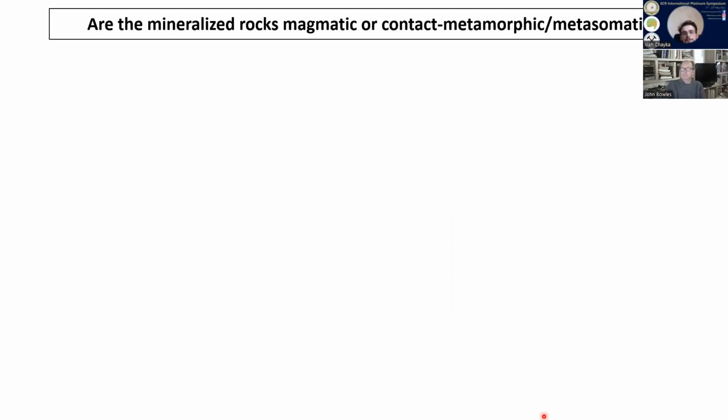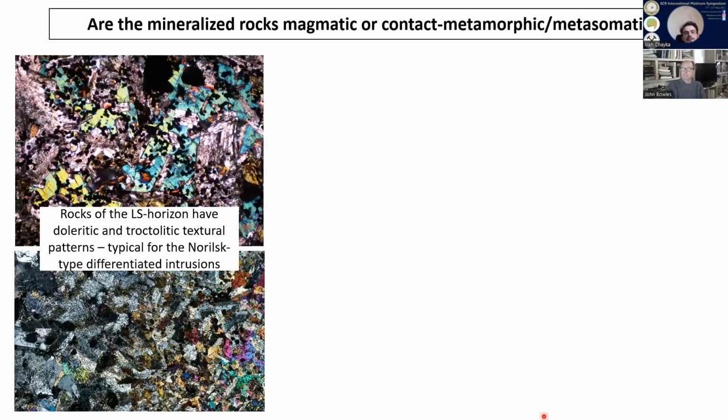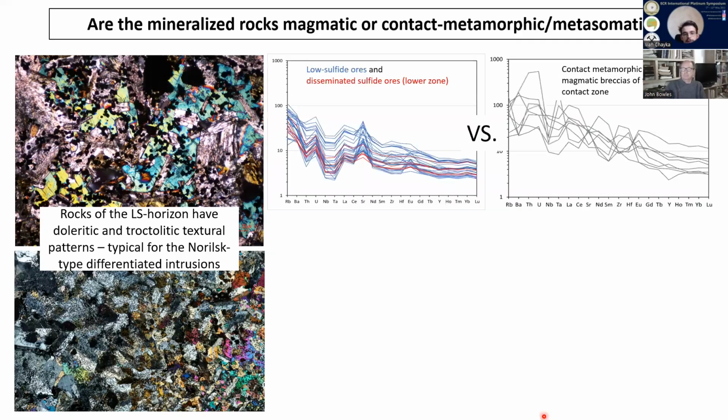So let's begin. In terms of both petrography and mineral chemistry, the silicate matrix has typical magmatic features, almost the same as the rest of the Noril'sk intrusion, and does not resemble contact metamorphic patterns and composition. The bulk chemical compositions of the rock show similar systematics as the magmatic sulfide ores of the Noril'sk intrusion, and are clearly different from the crustal compositions of the contact rocks found in the roof of the upper zone.